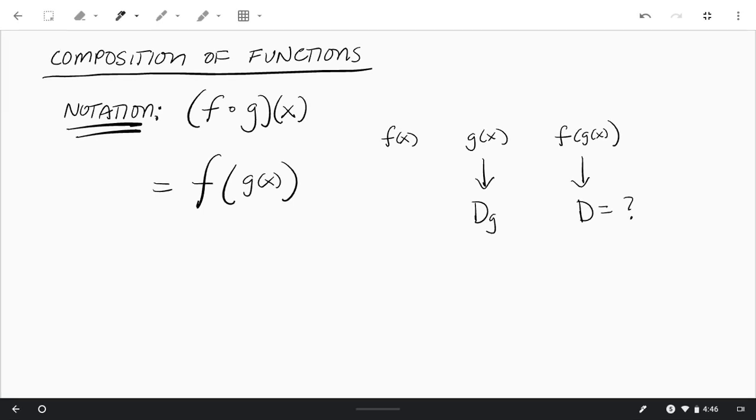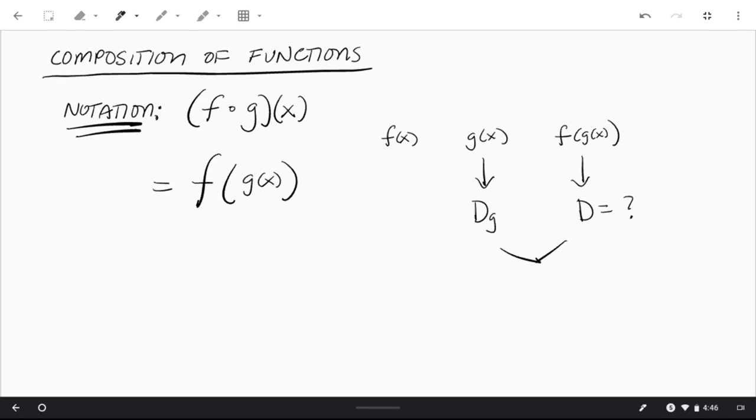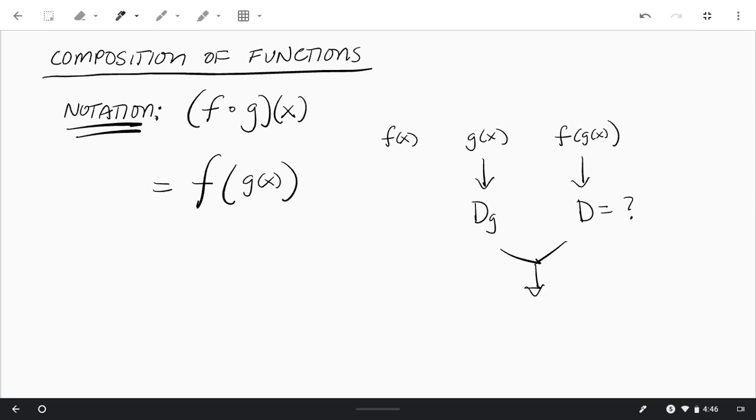Over here, the intersection of these two. Hold on a second, let me get my eraser going. So here you end up with a domain of the final function.